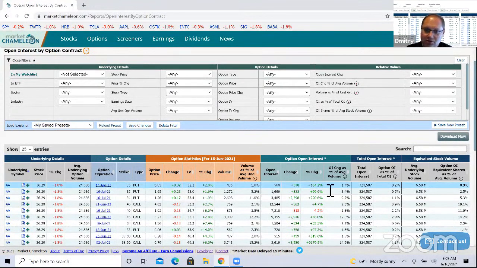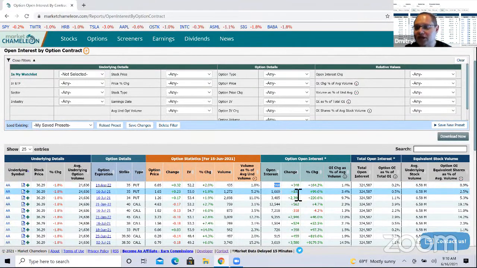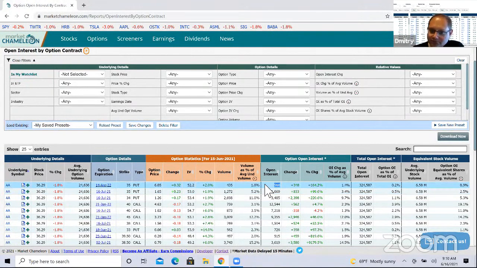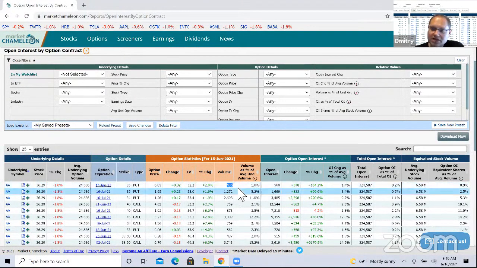So these are only as of this morning. They're not going to be updating intraday, as there is no live open interest data. That's how open interest is reconciled. Right now, since the market hasn't opened yet, these are the latest open interest numbers. After the market opens, if there's trading in option contracts, we won't know the new open interest until the next day.